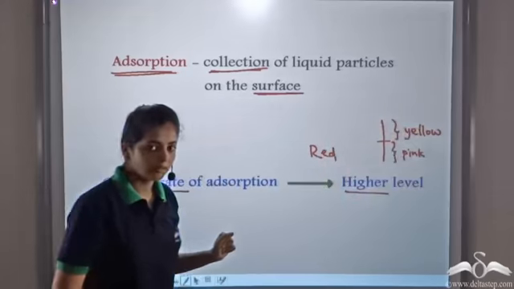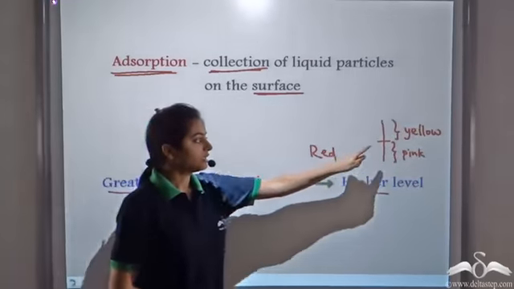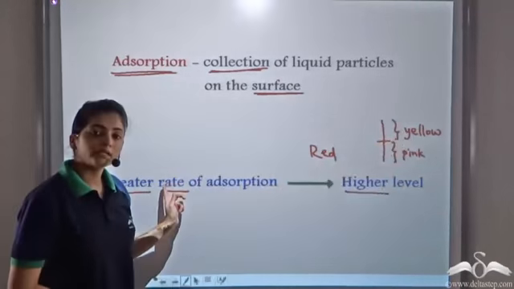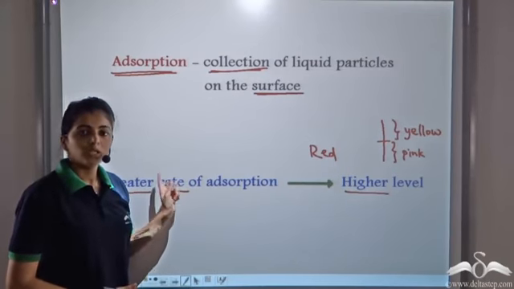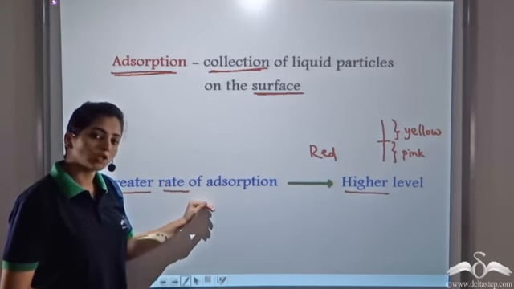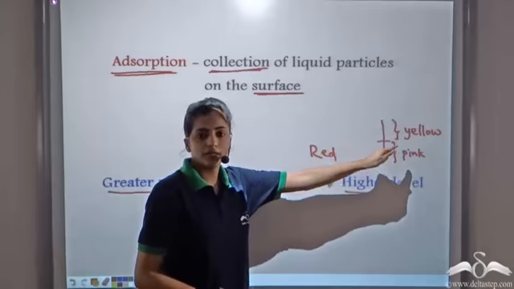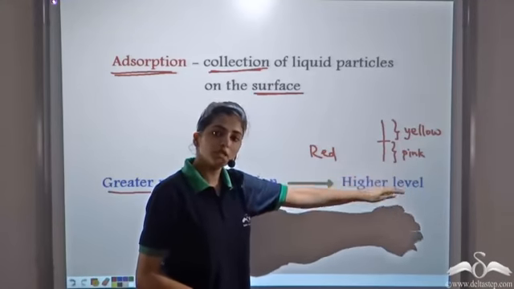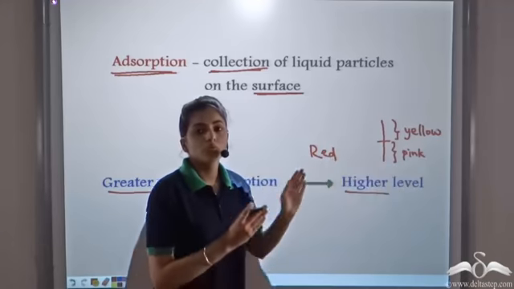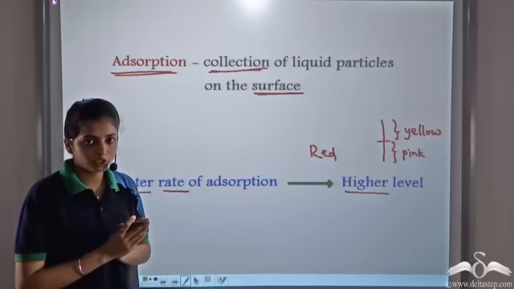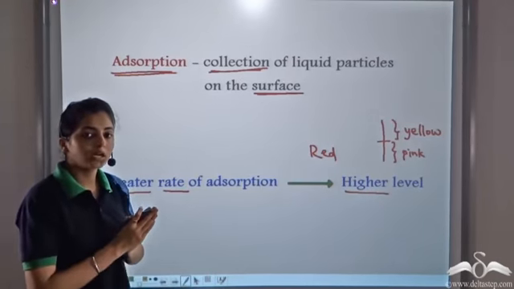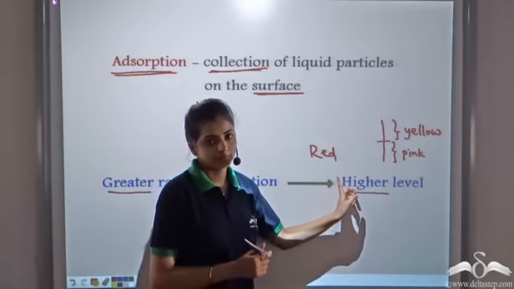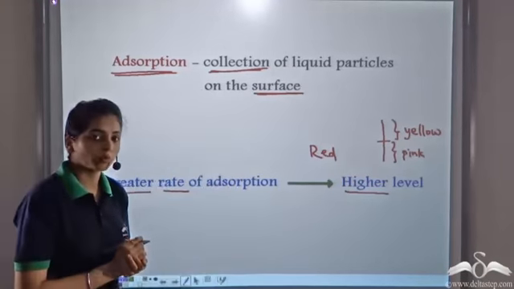So what happens here? In this case, yellow has a greater rate of adsorption. Since this has a greater rate of adsorption, it travels to a higher level. And since pink has a lower rate of adsorption, it travels to a lower level. So by using the principle of adsorption, we can separate the colored components of an ink. So this is the process of chromatography.